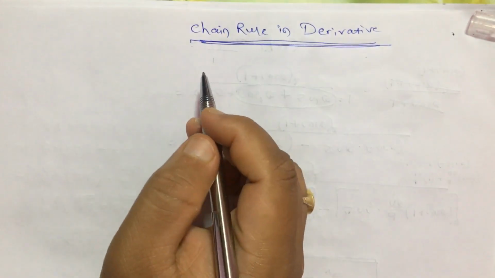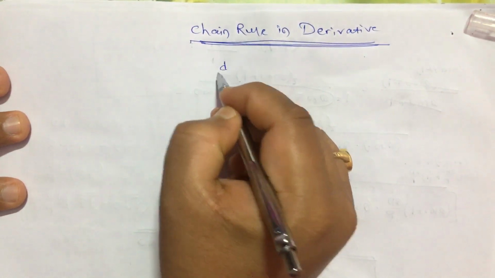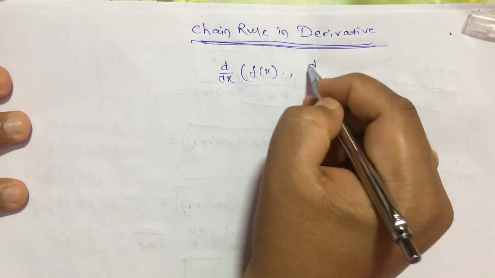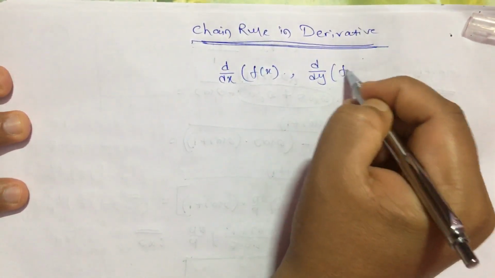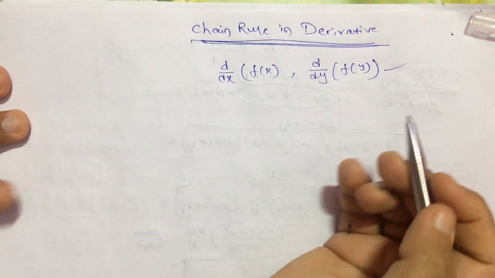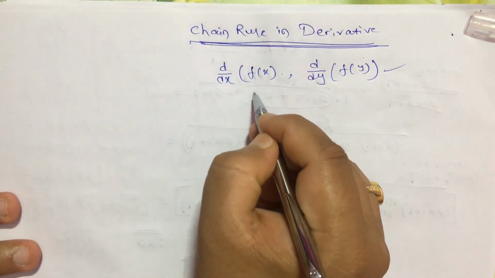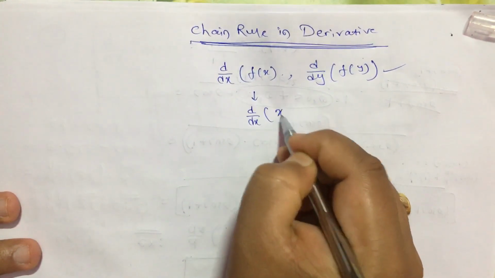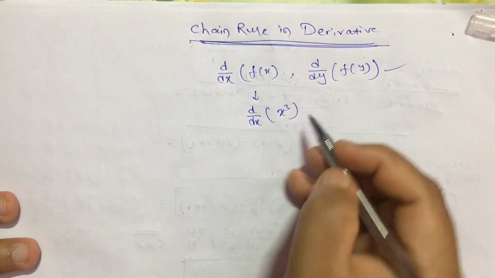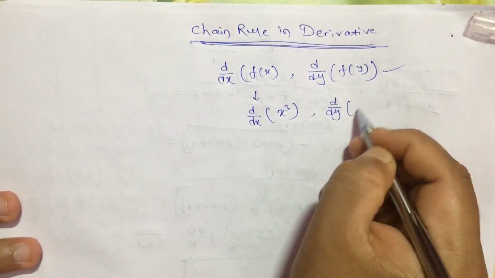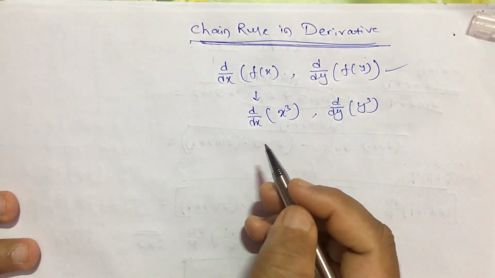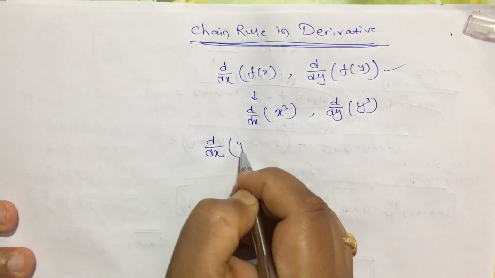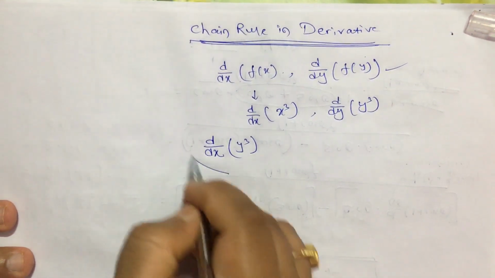Till now we have learned formulas like d by dx of a function of x, or d by dy of a function of y. For example, d by dx of x cube, you can solve it. Or if d by dy of y cube is given, then you can solve it. But if the question is d by dx of y cube, what is this?